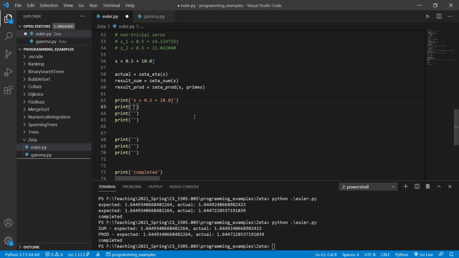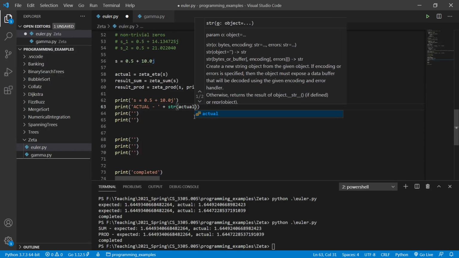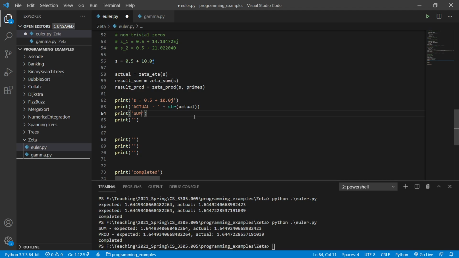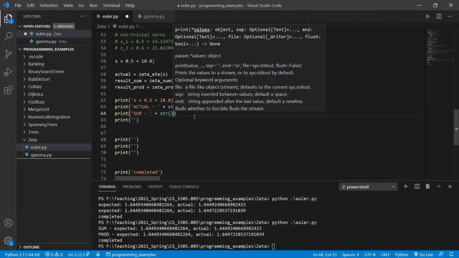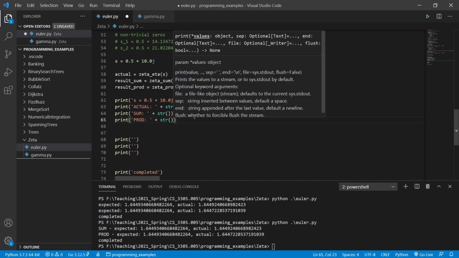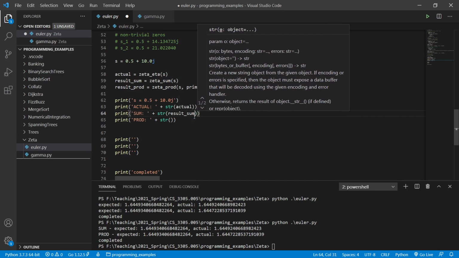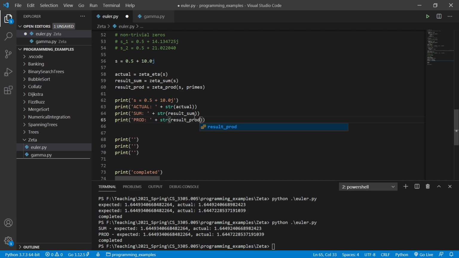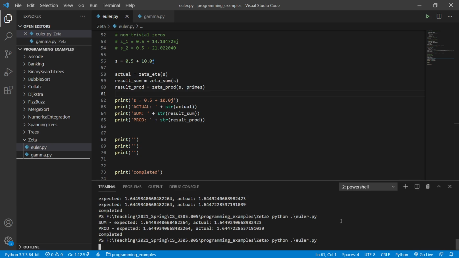So we have actual, sum. Okay, let's make sure that runs before we break everything.